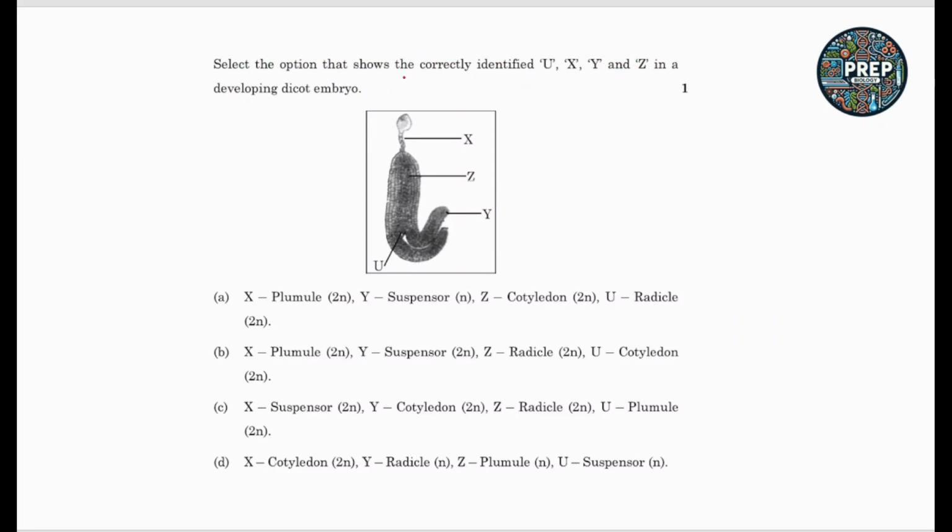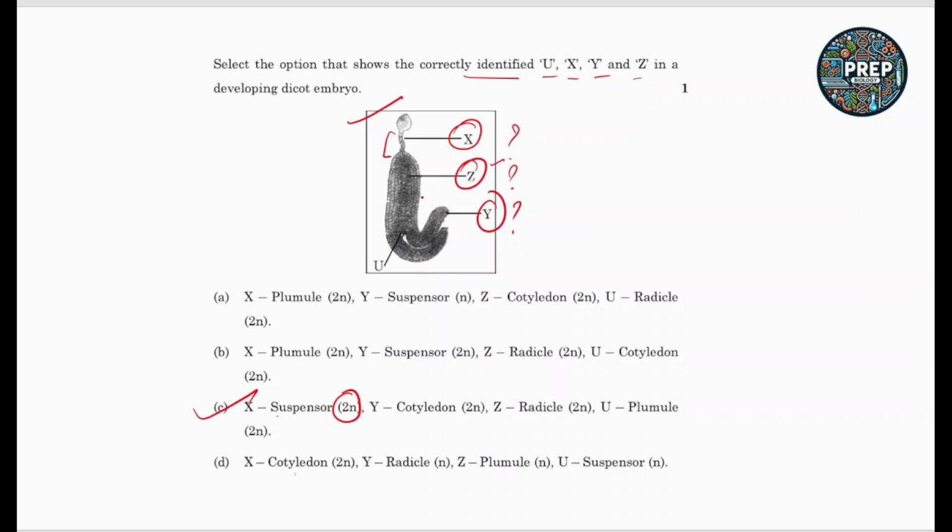Okay, next question is, select the option that correctly identifies U, X, Y, Z. You have a diagram of the dicot embryo, and you have to identify these labelings. We have already discussed that X is the suspensor, so the answer is option C. X is the suspensor, which is diploid.